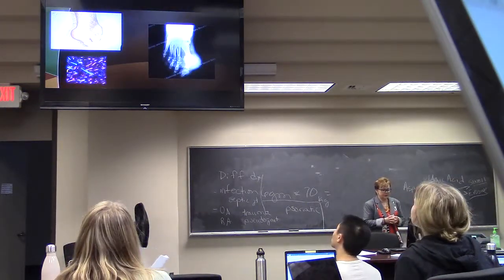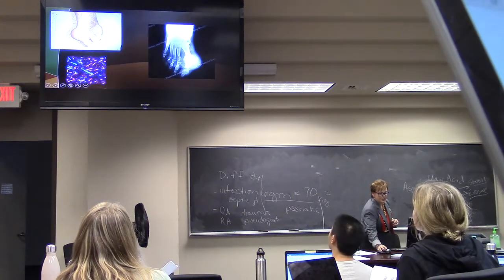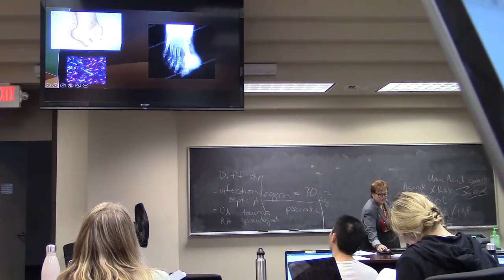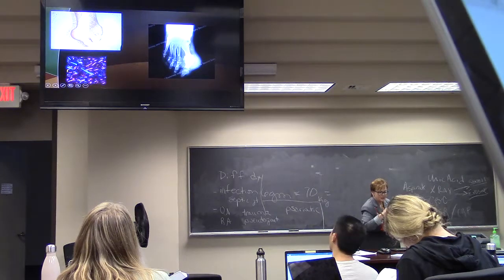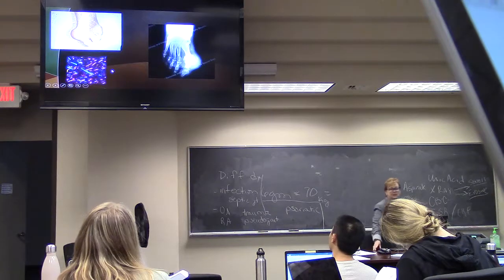Okay, so here's his foot. Here is the X-ray. So all that is soft tissue swelling. You can see some of the joint. That space is limited. It's not clear. And I wish I could tell you what that is.